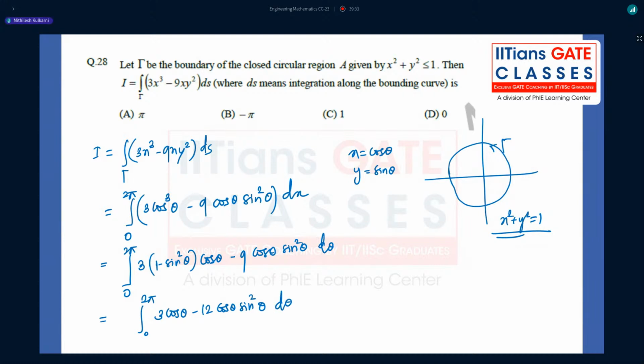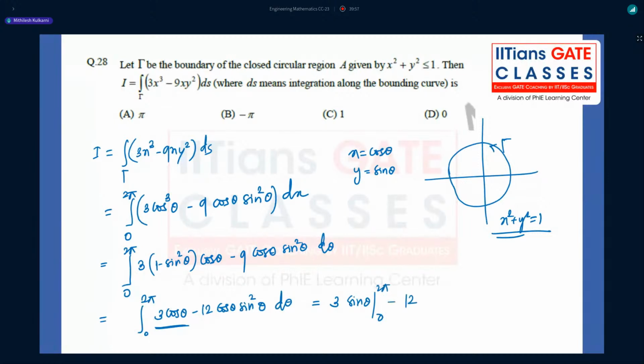Okay, and now if we integrate with respect to theta, for the first integral it is very straightforward. Integration of cos theta is sin theta, so 3 as it is. So 3 times sin of theta, putting the limit 0 to 2 pi, minus 12 as it is.